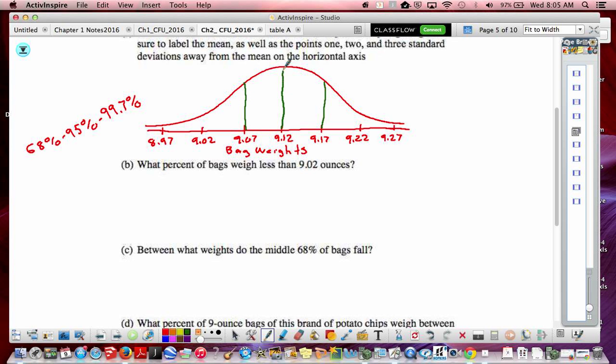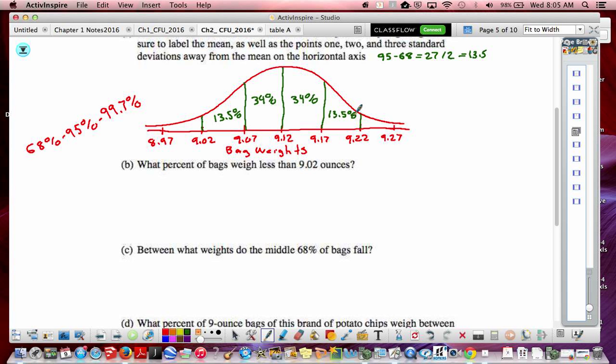So if I draw a line here in half, that's 34% and 34%. Half of 68 is 34 and 34. Now if I go out 2 standard deviations, that's 95. Remember in class, 95 minus 68 is 27. Divide that by 2, that's 13.5%. So this area just here is 13.5%, 13.5%.